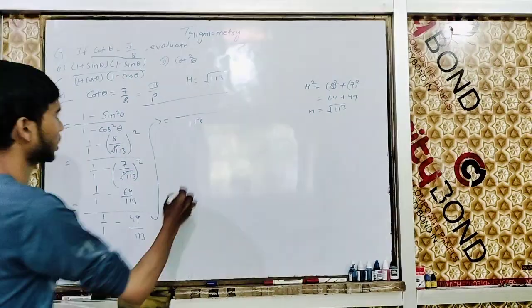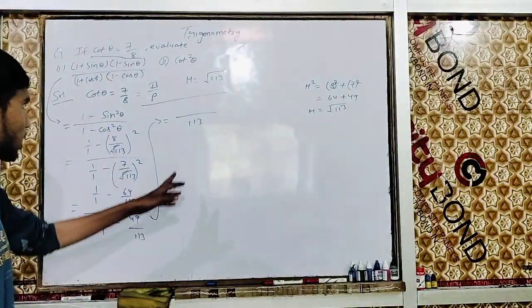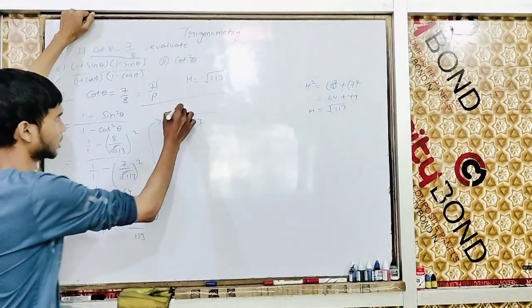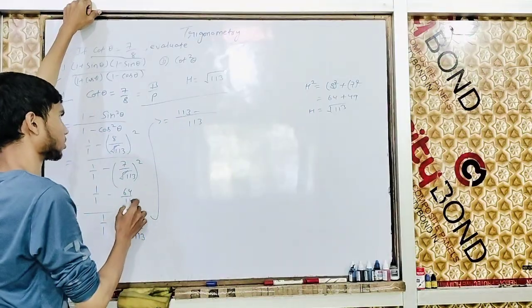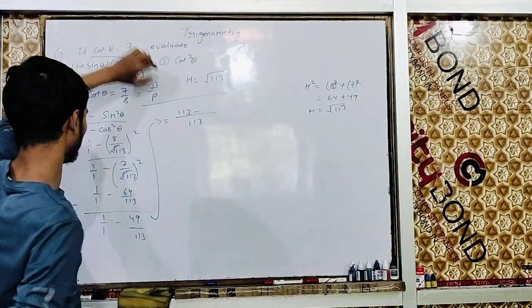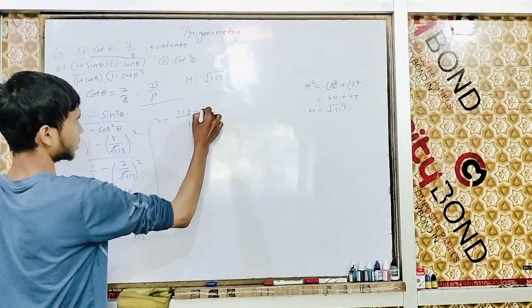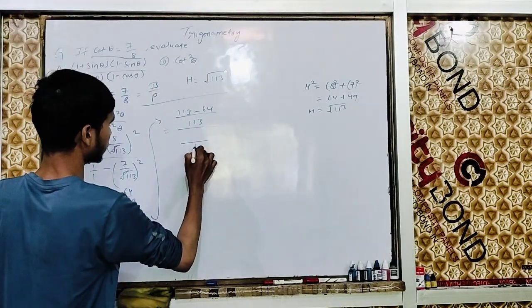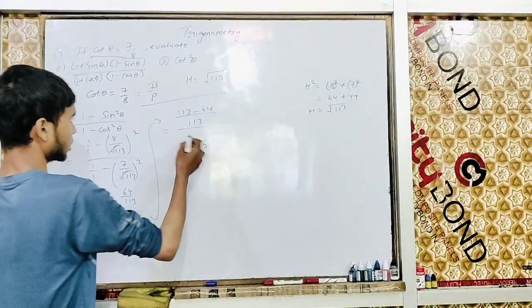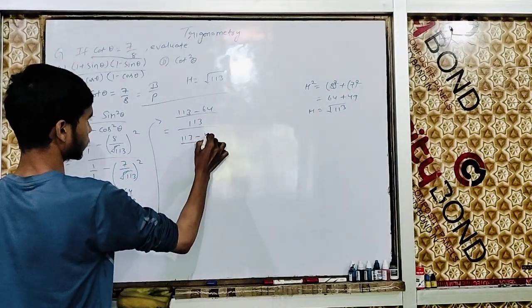We simplify it, then it will give us 113, so here would be 113 minus 64 upon 113, and here 113 minus 49.